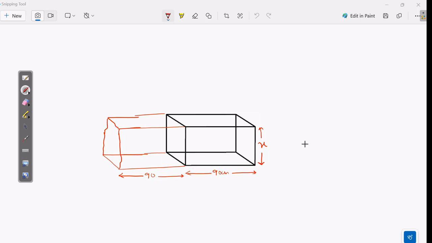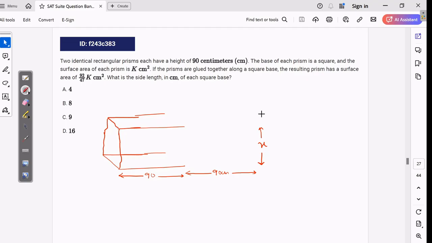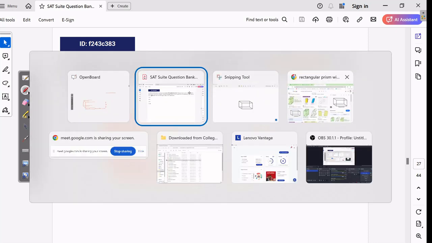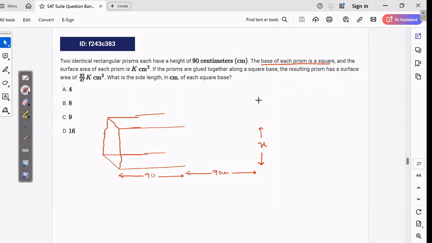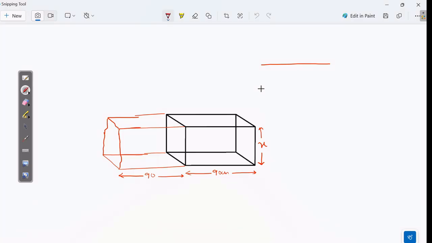They have also given us that the base of each prism is a square, and the area of this base is k centimeter square.